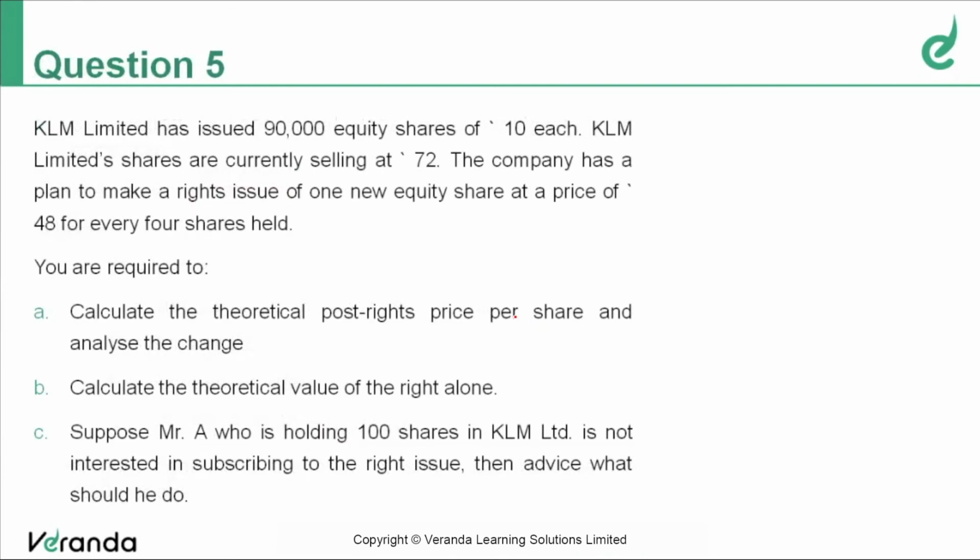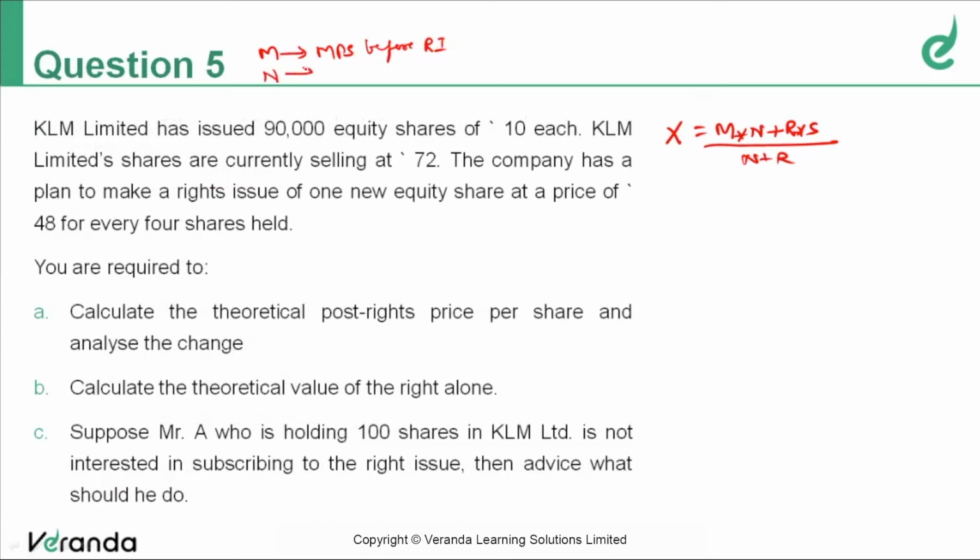Okay, now let me start the discussion. Theoretical ex-rights price equals M into M plus R into S divided by M plus R. What is M? M stands for market price per share before the rights issue.